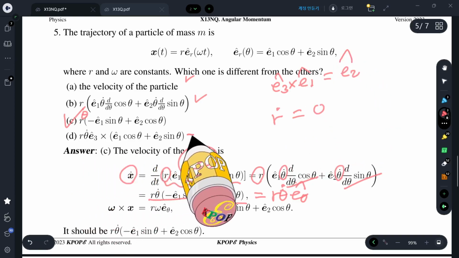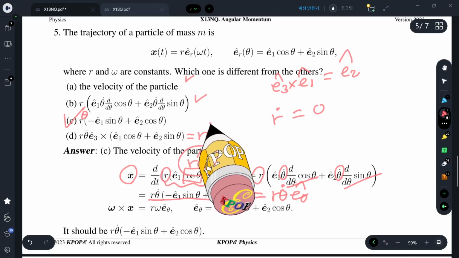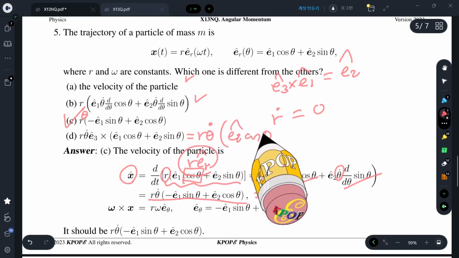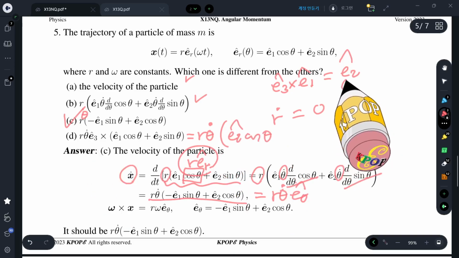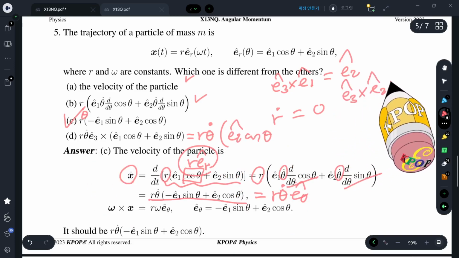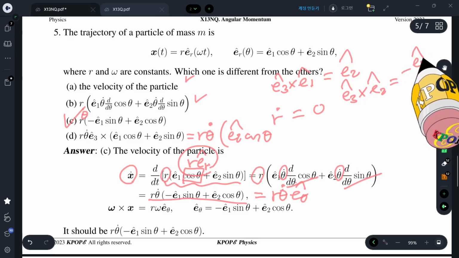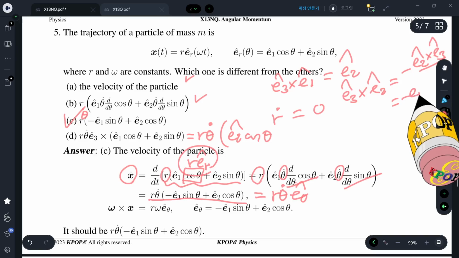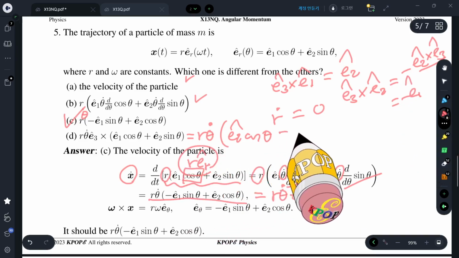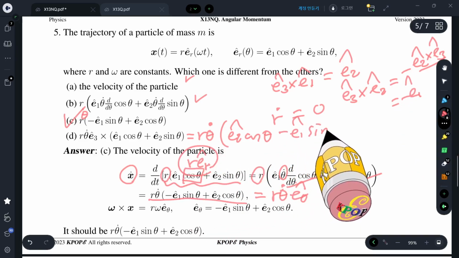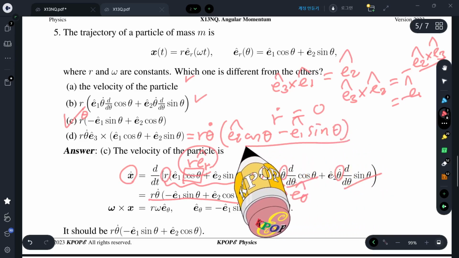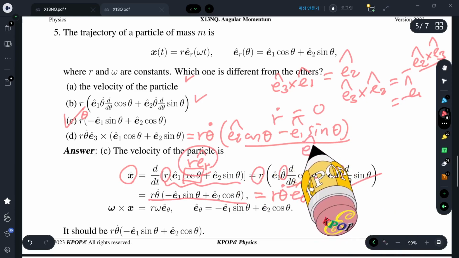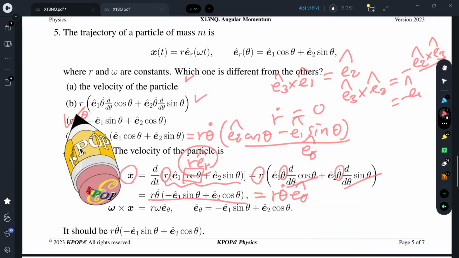So it equals r theta dot E2 hat cosine. E3 cross E2 is a minus E2 cross E3, and this is E1, so minus E1 hat sine theta. That is identical to the E theta hat. So C is the answer.